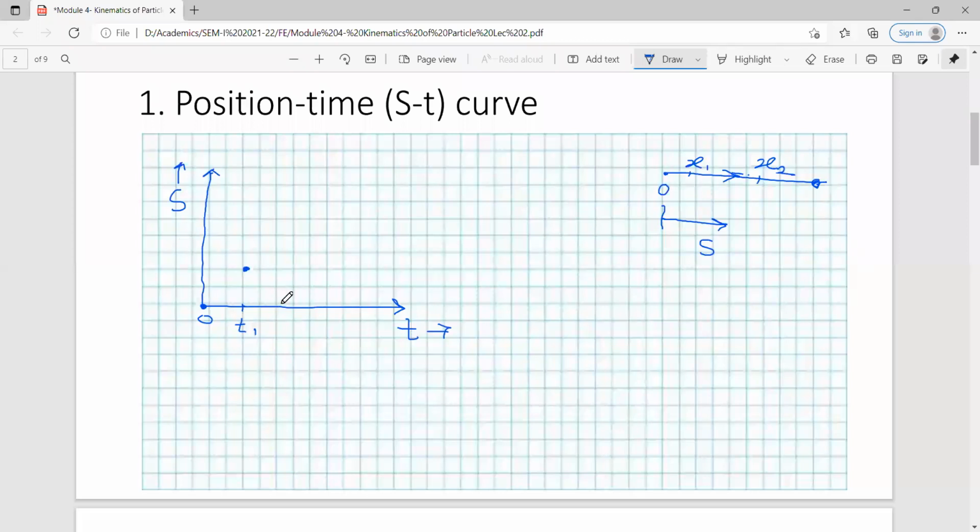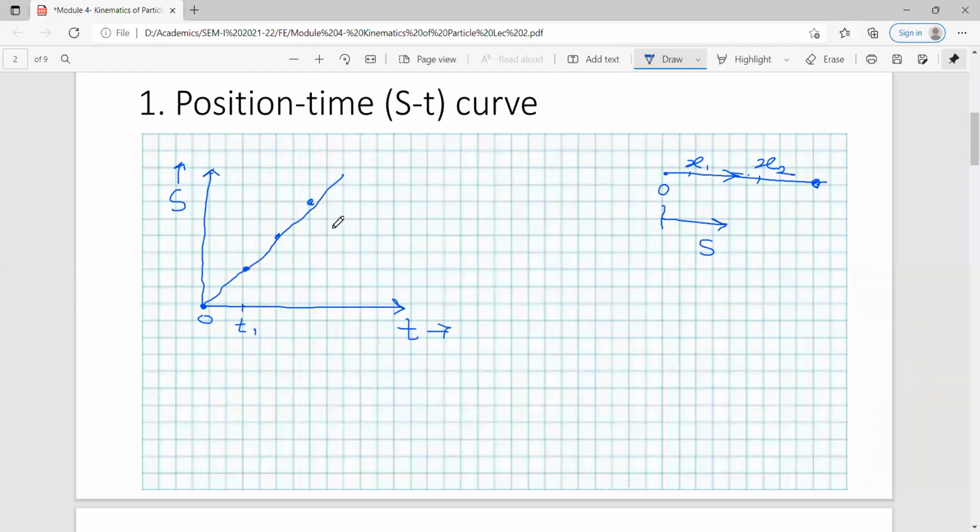Similarly, as time passes, I will record the position of the object, and after a considerable time, which is sufficient for our study, I will draw a line connecting all these positions.